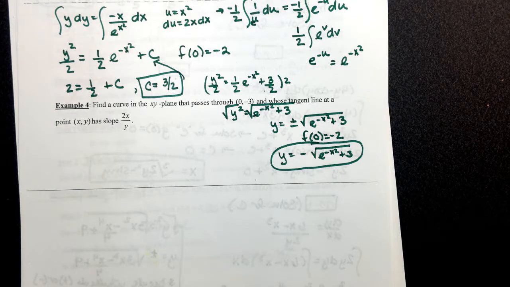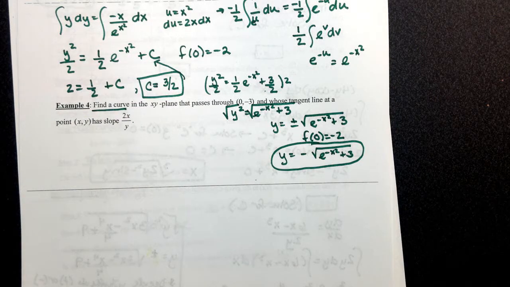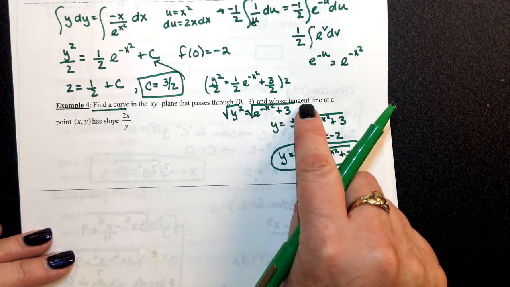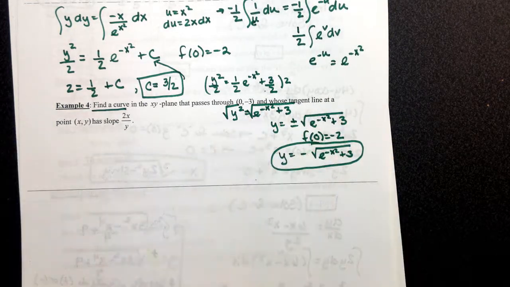So here's just a twist on the way that they may ask a particular problem involving the initial condition and using separation of variables. So they want you to find a curve. So that just simply means they want you to find an equation that passes through a point 0, negative 3, and whose tangent line at a point has a slope of 2x over y.